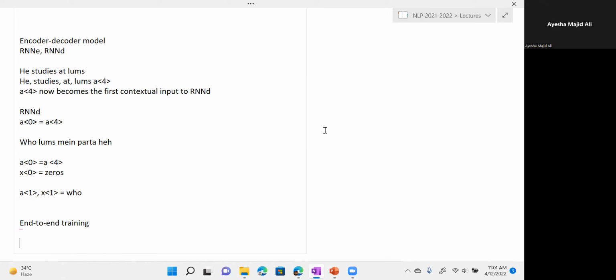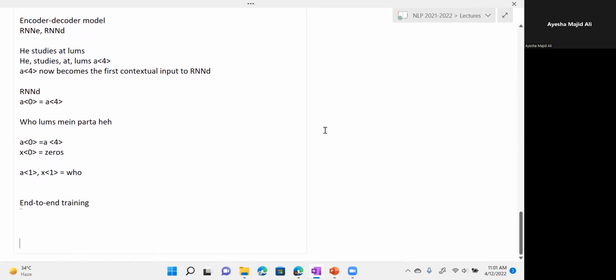Now, इसमें there are a number of things that we need to think about. One of the issues that arises is, remember we said A4. So A4 theoretically contains information of all the input sentence, starting from the word he studies at LUMS. If the sentence is large, then of course the information of the first word might be kind of suppressed.